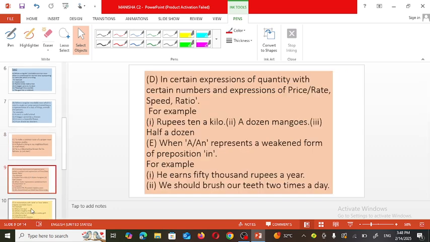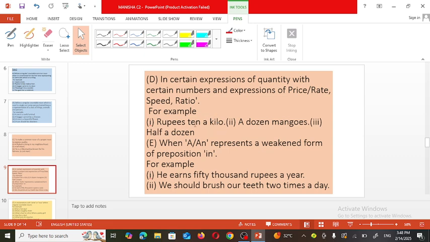Next one, in certain expressions of quantity, with a certain number of expressions of price, rate, speed, or ratio. For example, rupees 10 a kilo. So a kilo.